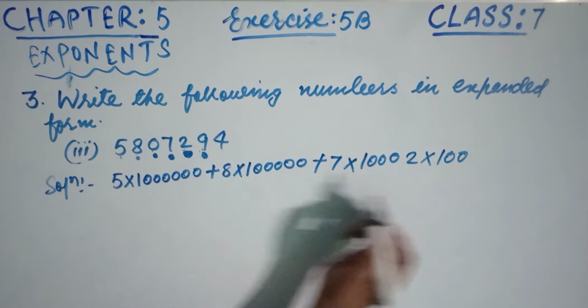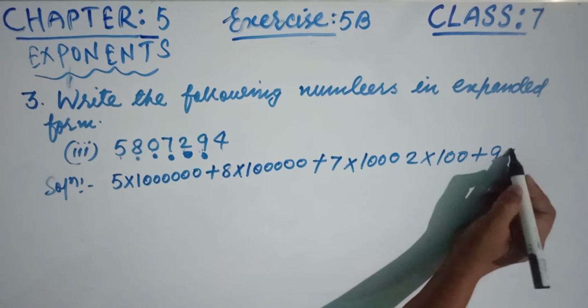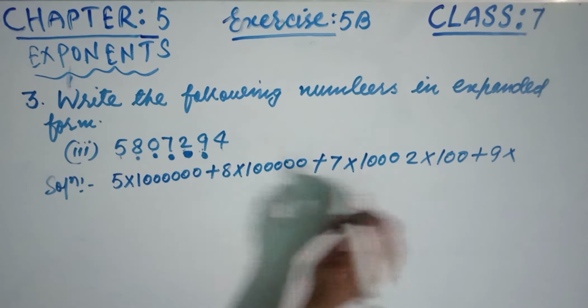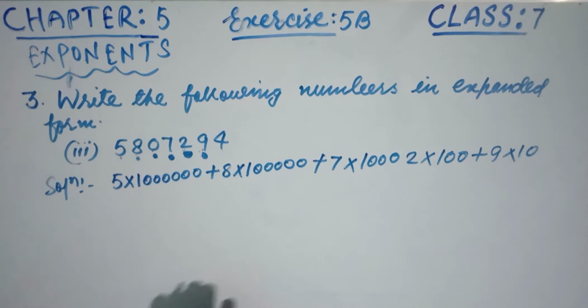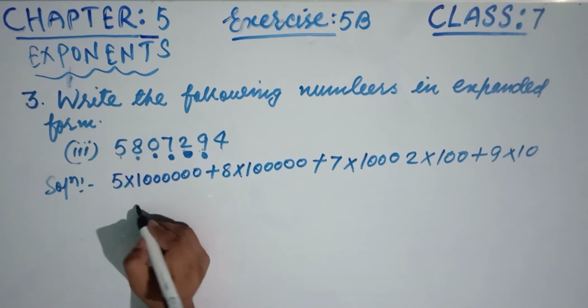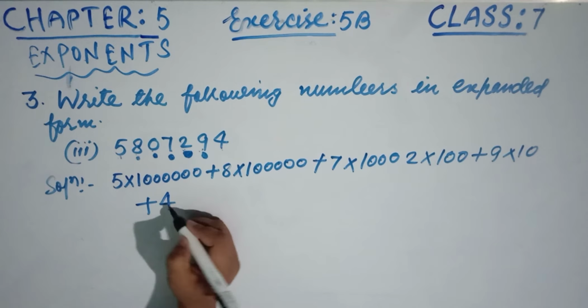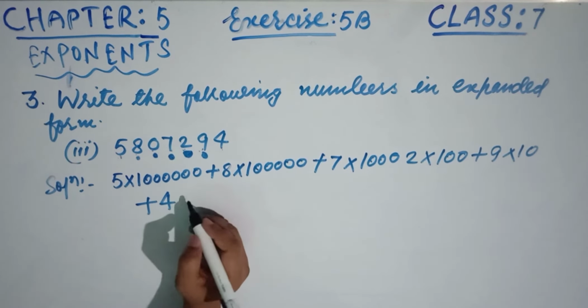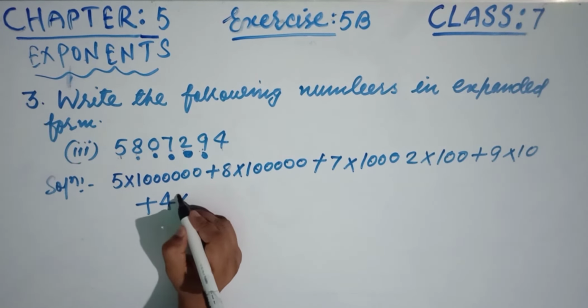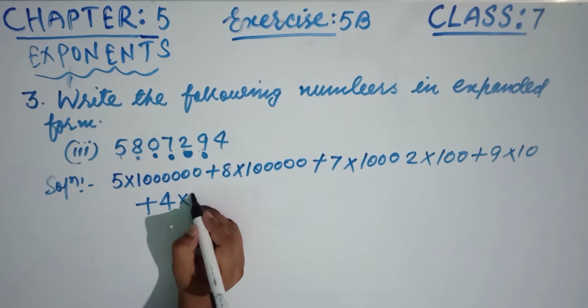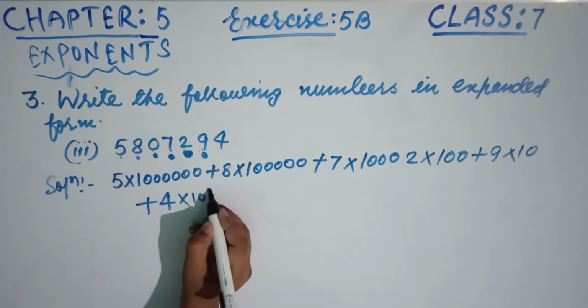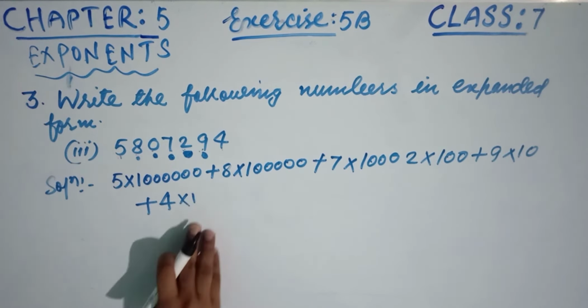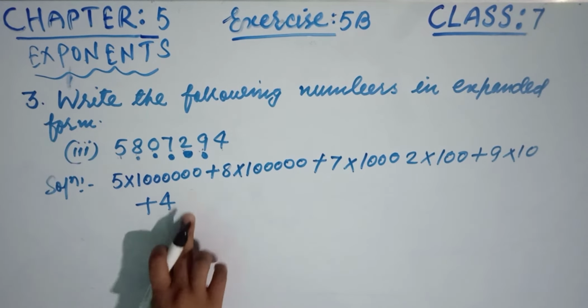Now come to 9, this is plus 9 multiplied by how many digits after this 9? Only 1 zero friends. Now plus this is 4, and how many digits after it? No digits friends, means nothing, so 10 raised to power 0, or this is only 1.